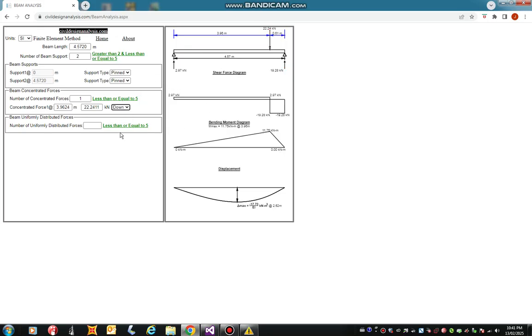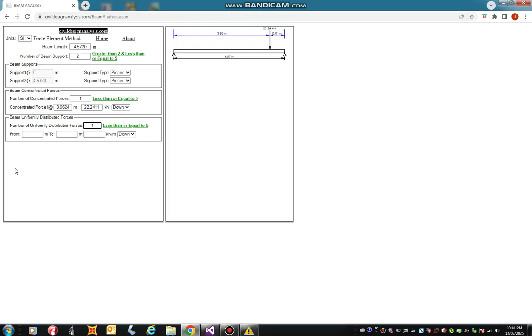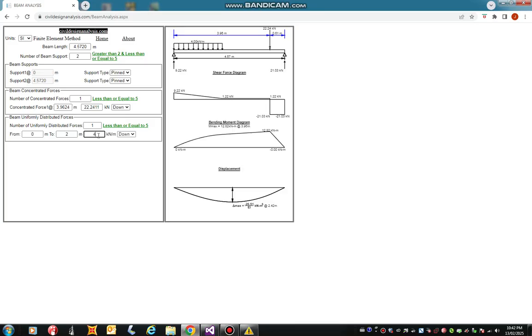One more thing, we can also add uniformly distributed loads. We can go with one load and apply the uniformly distributed load from 0 all the way to 2 meter, with about 4 kilonewton per meter. You can see how this beam is loaded with distributed load.